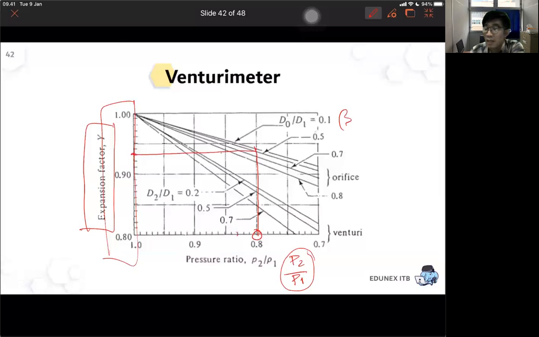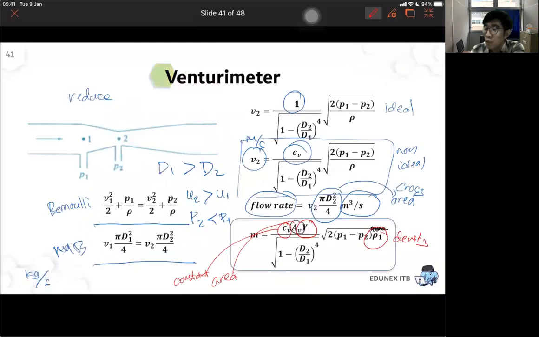Because in gas, if you flow into this kind of arrangement, the pressure will change, right? If the pressure is changed, gas will have some differences in density. Still remember, right? Because gas is considered compressible. So if there is some change in the pressure, the density will change.